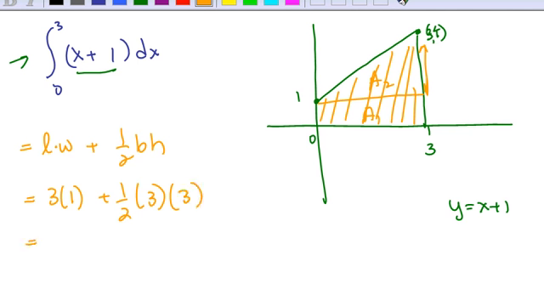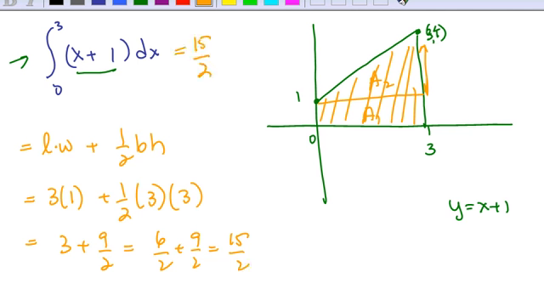So that means the integral is equal to 3 plus 9 over 2. And if I simplify that using common denominators, I get 15 over 2. So the integral is 15 over 2.